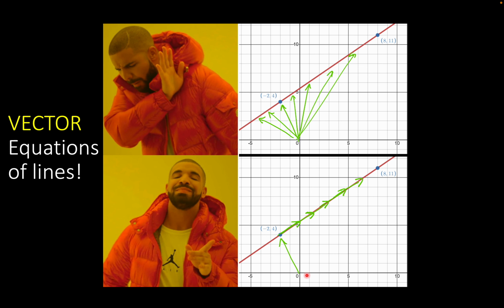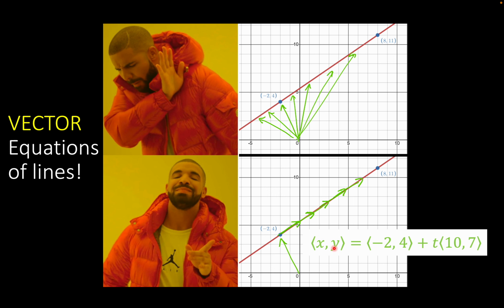So instead, we are going to just have one vector that goes from the origin to a certain point on the line. It can actually be any point on that line whatsoever. And then the remaining part of that vector equation will represent the direction or slope of the actual line. So this is how that would look like.